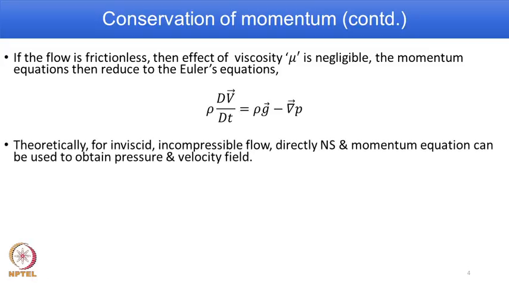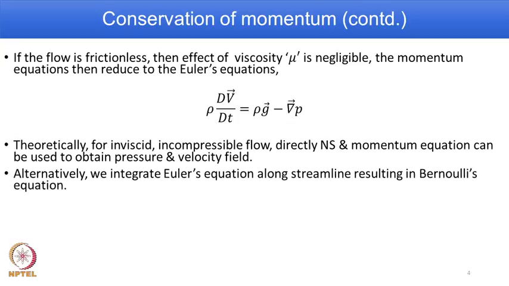So, theoretically, for any inviscid, incompressible flow, where the viscous effect is not there, the Navier-Stokes equation and the momentum equation can be used to obtain the pressure as well as the velocity field.